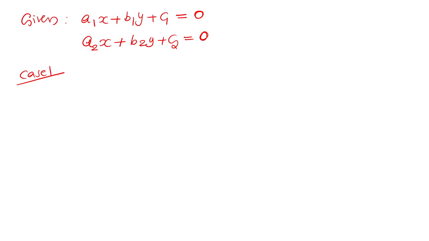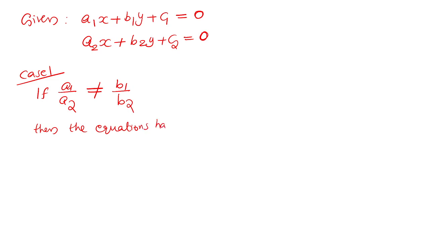Case 1. If a1 by a2 not equal to b1 by b2, then the system of equations has a unique solution.